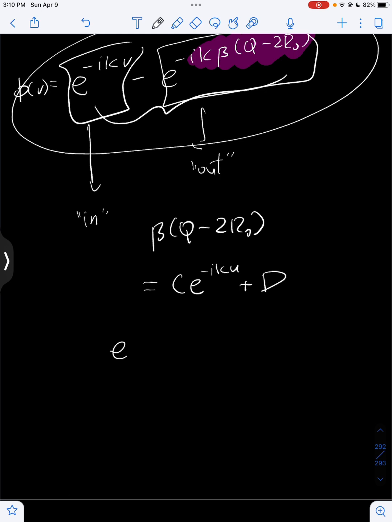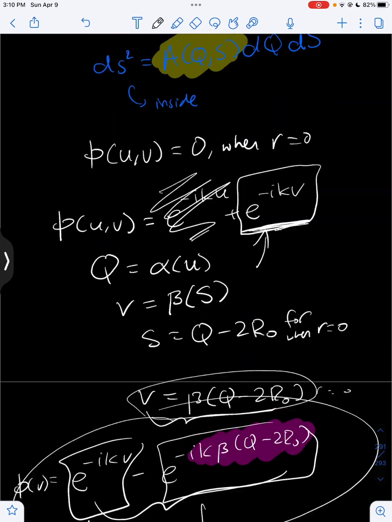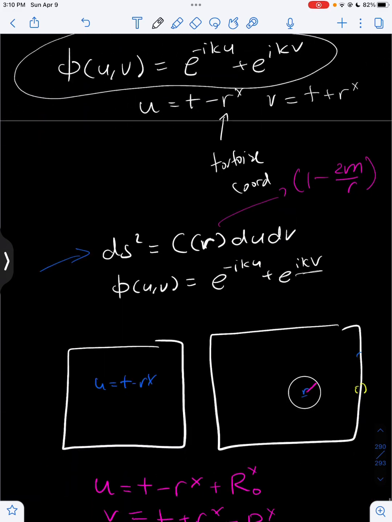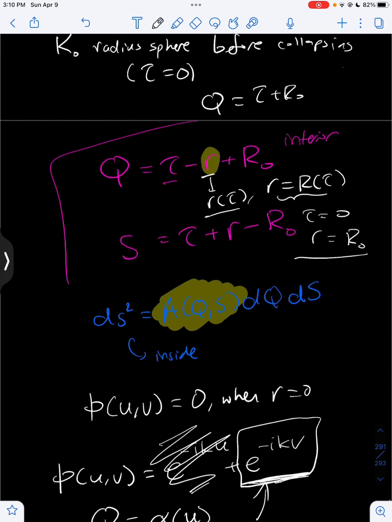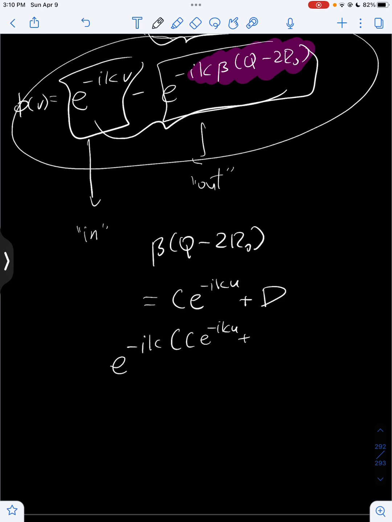So we're going to have e to the minus ik times c e to the minus iku plus d, where c and d are just constants. So this describes the field redshifting, right? It describes what's going on right over here. If we were to graph that, you'd see that the wave is redshifting as you leave the black hole, as r approaches infinity and at late times.